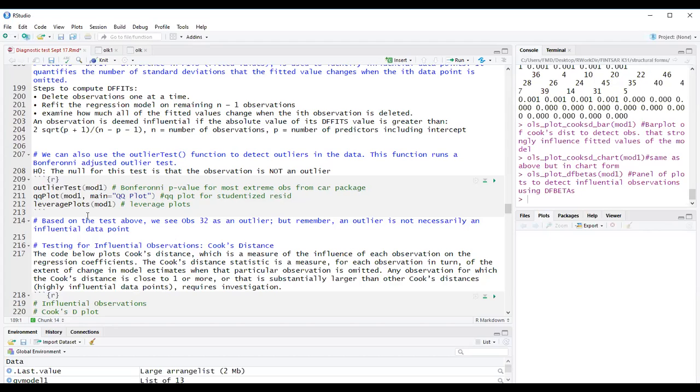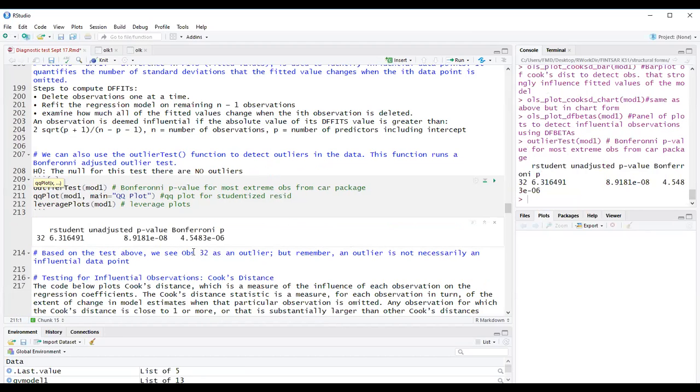Okay, so ito, guys, yung test natin. Dapat mali ito, mali yung statement ko. Sorry. There are no outliers. Okay. So run natin.